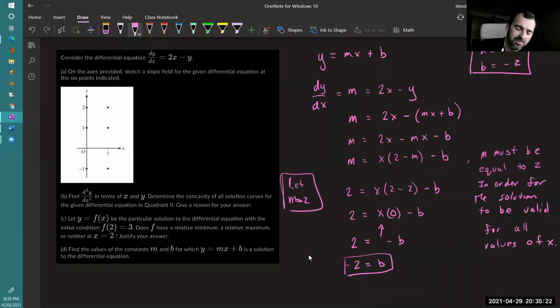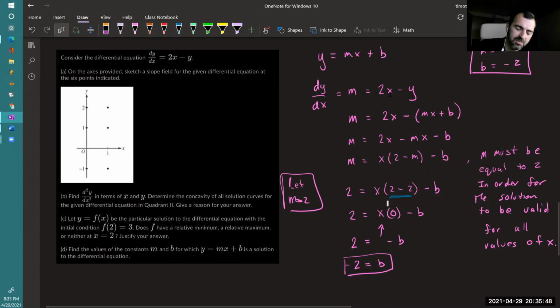And in the end, we get it. This is the m and the b that works for this differential equation. The tricky part is knowing that in order for your solution to work, you want it to work for all values of x.